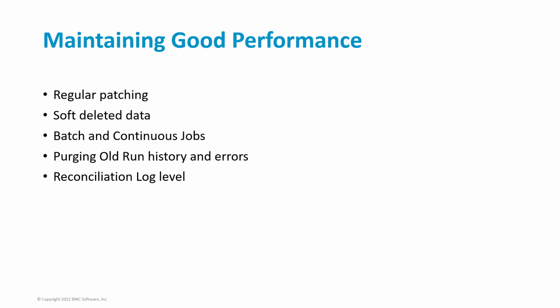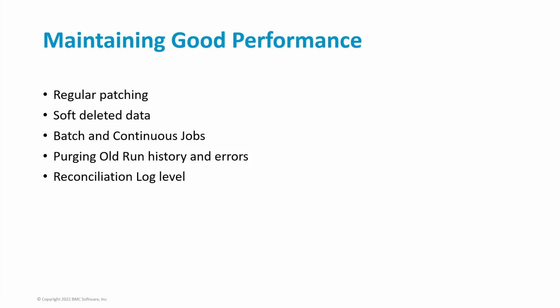CMDB Job Run Info stores data related to CI errors for normalization and reconciliation job runs. Each record contains the recommendation on how to potentially fix the data error reported. There are two filters out of the box that delete the records.